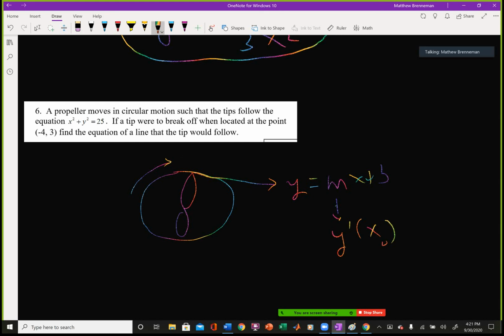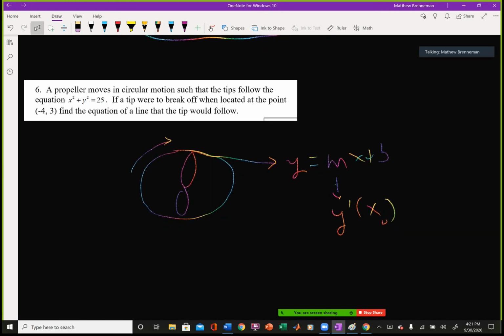Okay, so let's go ahead and see how to do this. So if I want the equation of the tangent line, this is what happens when you're looking at motion, okay? I need the slope and a point. For any line, right? Not just a tangent line.